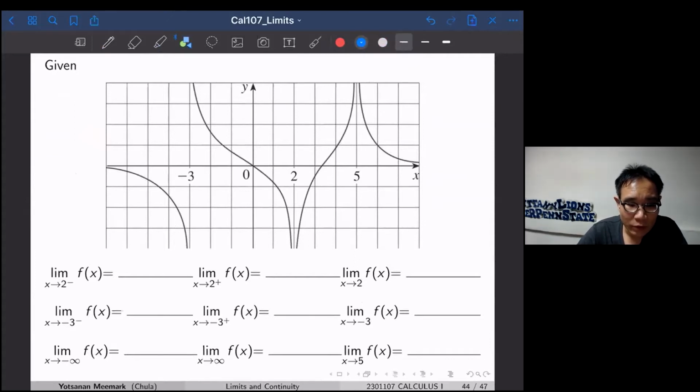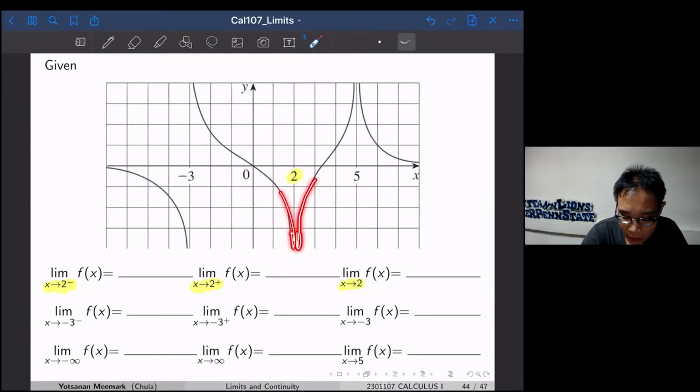The question asks you for the limit as x goes to 2 from the left of f(x). You see that you have 2 here, and the question asks you for the limit as x goes to 2 from the left, the limit as x goes to 2 from the right, and the limit as x goes to 2. For the limit as x goes to 2 from the left side, you see that you're going down.